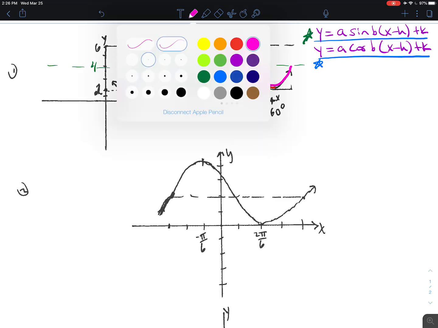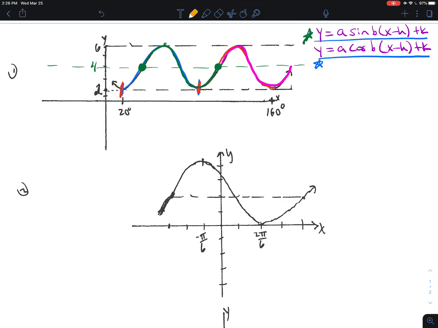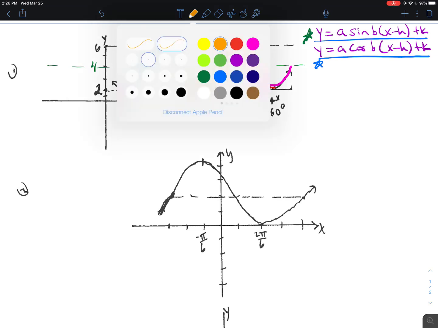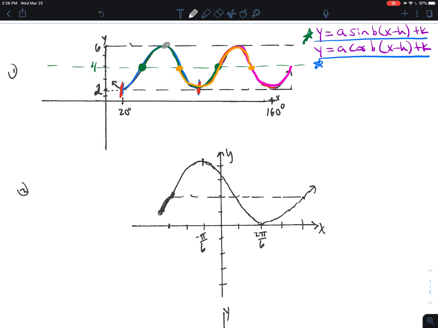Or, lastly, and then I'll get into actually writing it, you could start here and do a negative sine curve. I lied, one more. You could do a positive cosine curve in that silver one right there. So you have all these options for this graph.